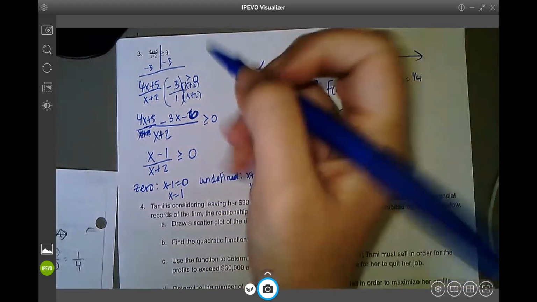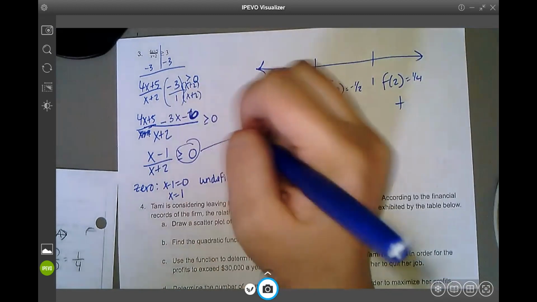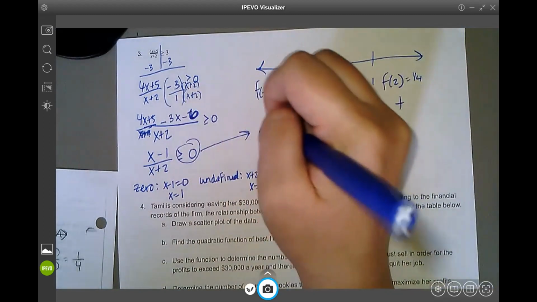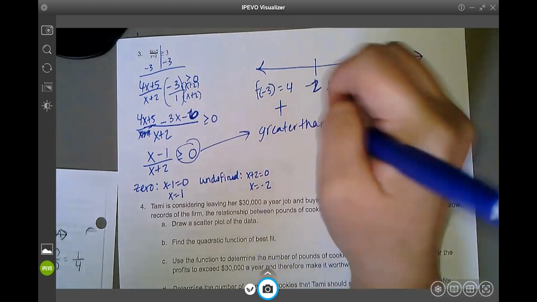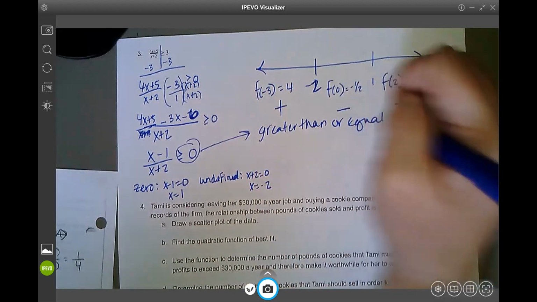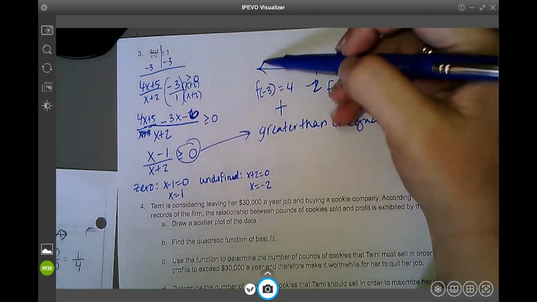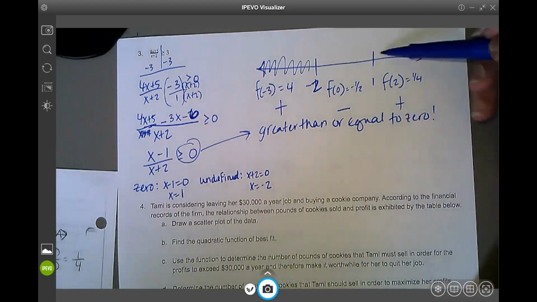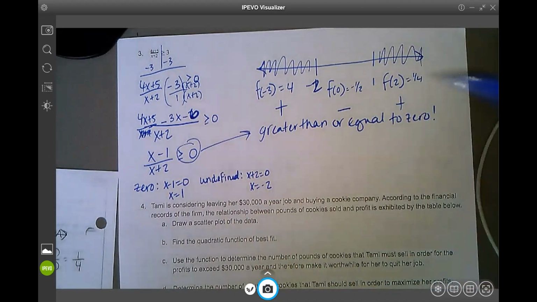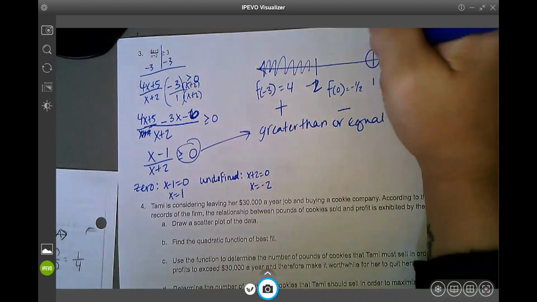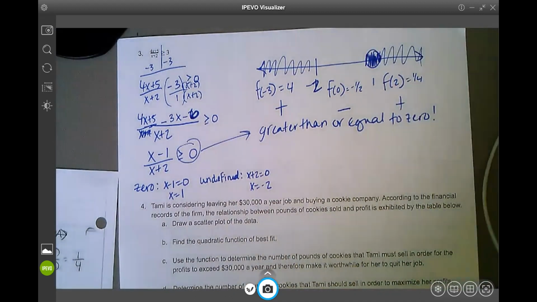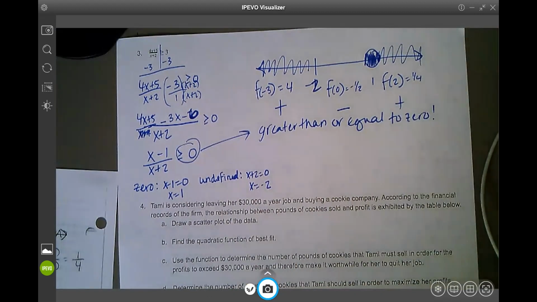We want to know where it's greater than or equal to 0. So it's greater than 0 in the positive places. It's equal to 0 at x equals 1. So that's going to be a filled in circle. But it's not equal to 0 at -2.